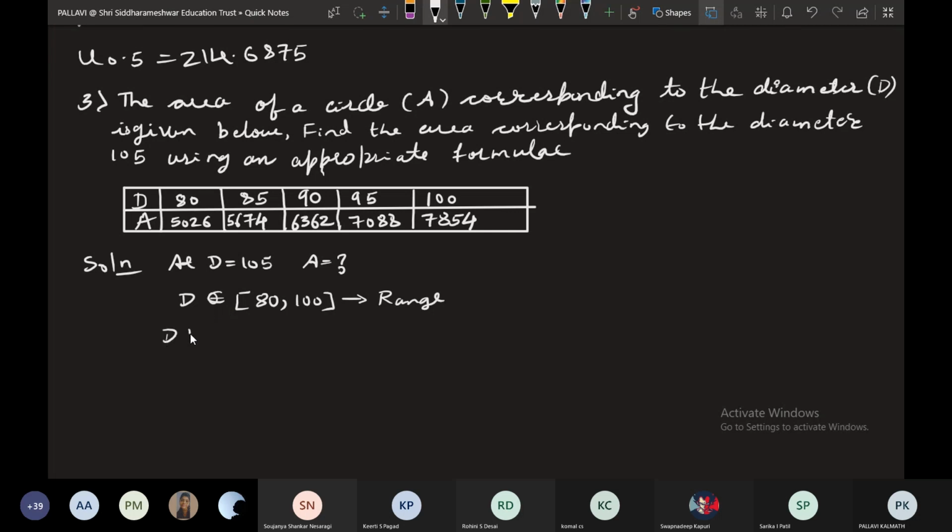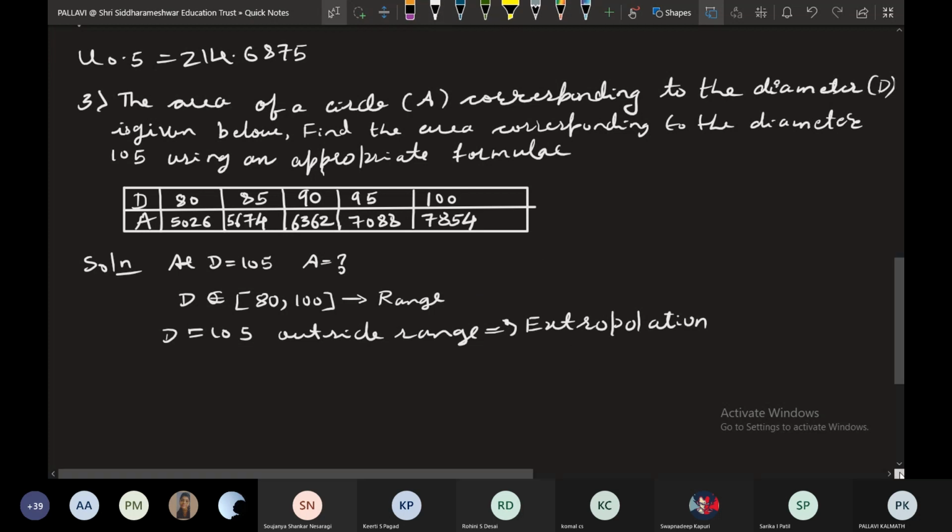So diameter D equals to 105 is outside the range. So outside the range means it is interpolation or extrapolation? Extrapolation. So it is nothing but extrapolation. So this 105 is closer to first half or second half? Second half.